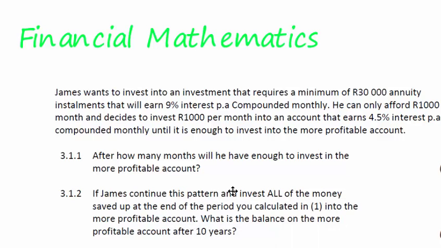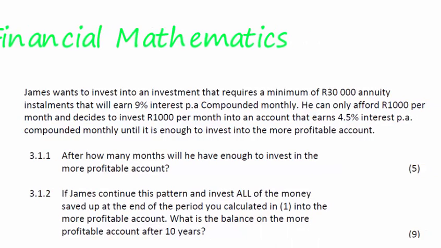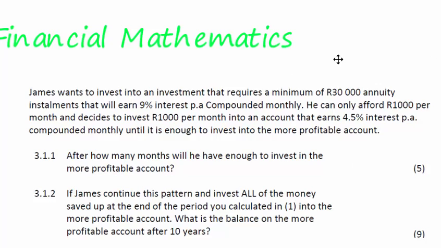Okay, so here's the June exam, mid-year exam actually. Jane wants to invest into an investment that requires a minimum of 30,000 Rand annuity installments that will earn 9% interest per annum compounded monthly.